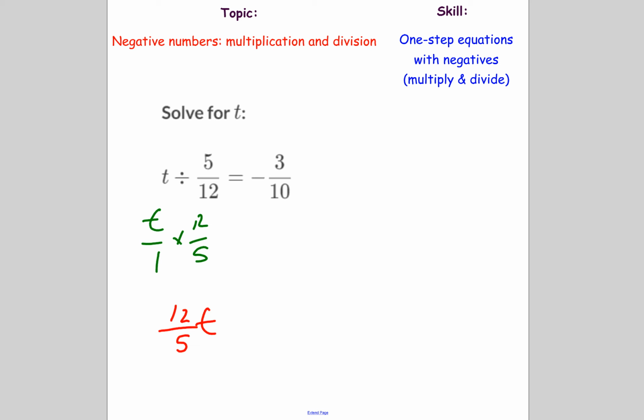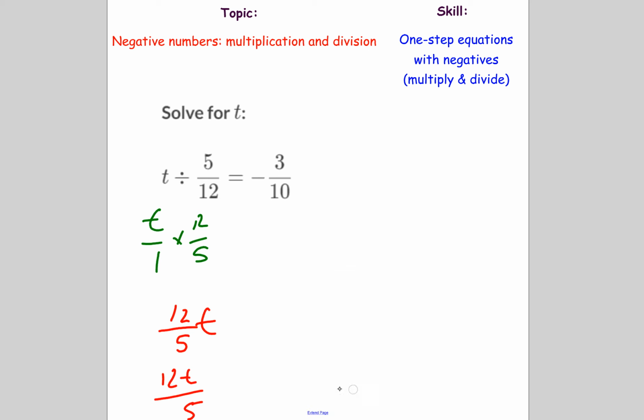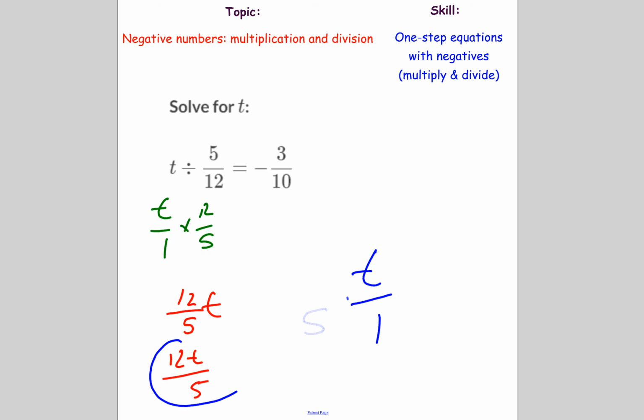Or if you think about it, numerator is 12t over 5. These basically mean the same thing. I want you to look at this for a second. 12 over 5 times t on the outside. Or, let me use the magic pen because it's always fun to do that, which is really the same as 12 over 5 times t over 1, which is 12t over 5, which is this right here. See how that disappeared?